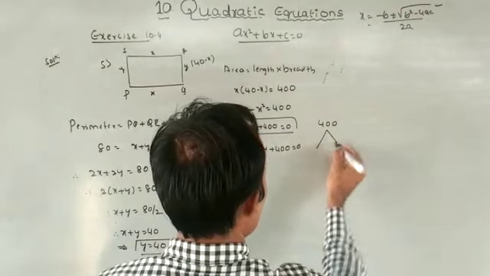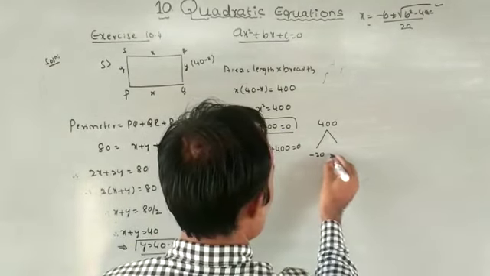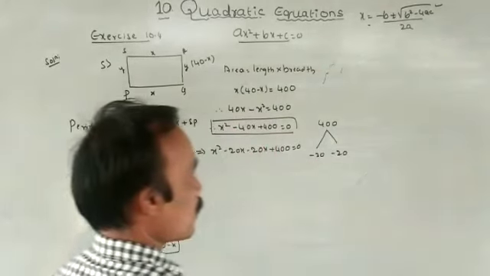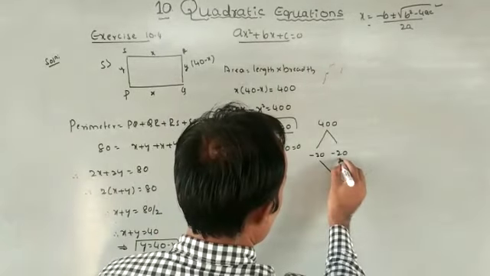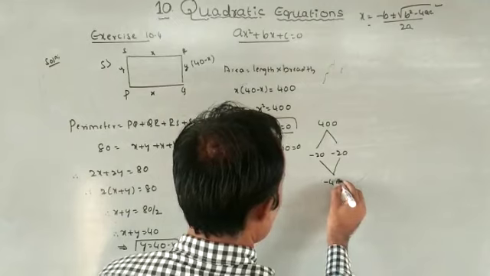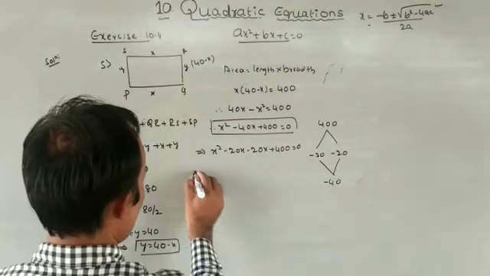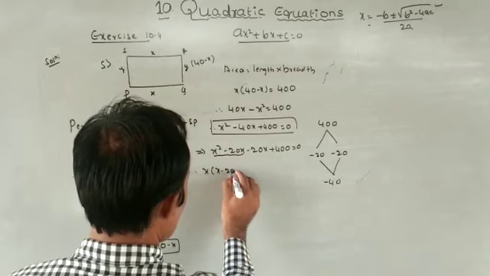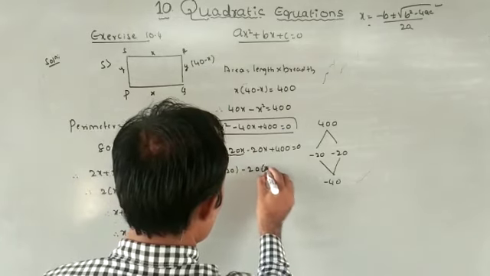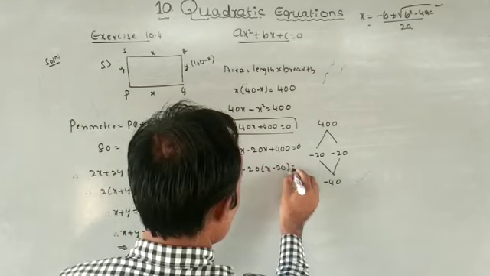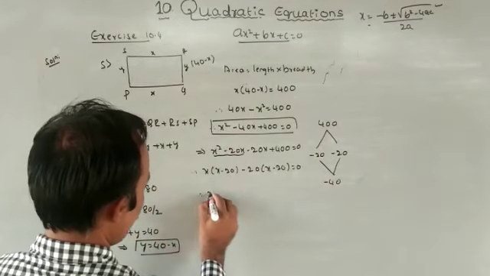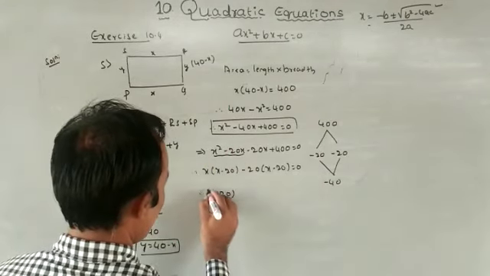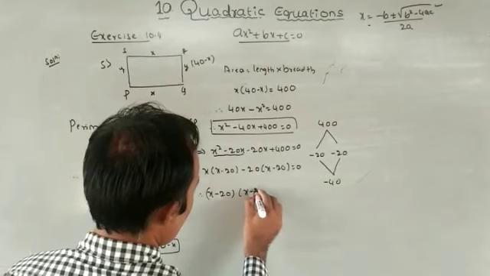Therefore, send all these three terms here. So x square minus 20x plus 64 plus 48 is equal to 0. Therefore, x square minus 20x plus the sum of these two, 112, is equal to 0.